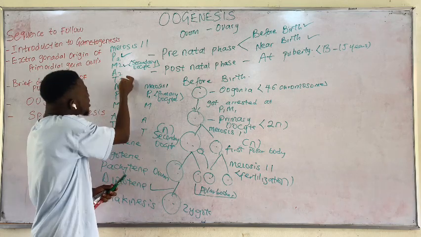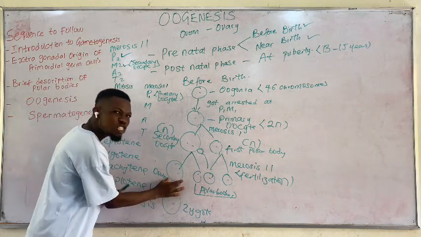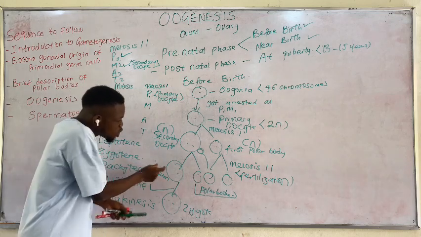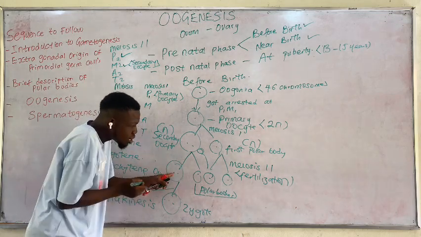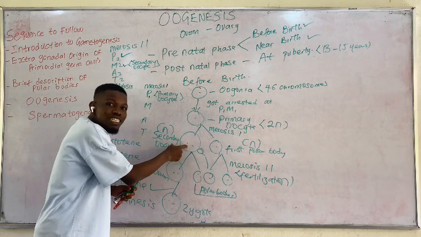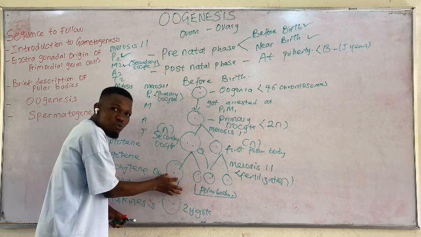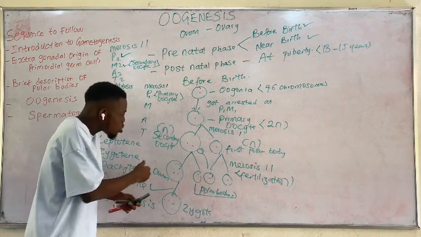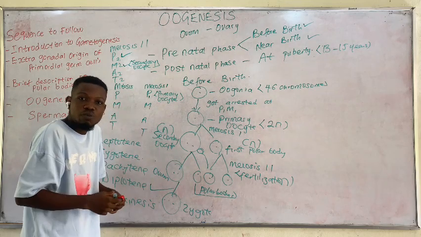So immediately they complete this meiosis II, the ovum is formed. But because there is a restoration of chromosomes between this ovum and the sperm, the sperm has deposited its chromosomes into the secondary oocyte. So when the secondary oocyte becomes the ovum, the chromosomes come together: 23 chromosomes from the egg and 23 chromosomes from the sperm. What do they form?